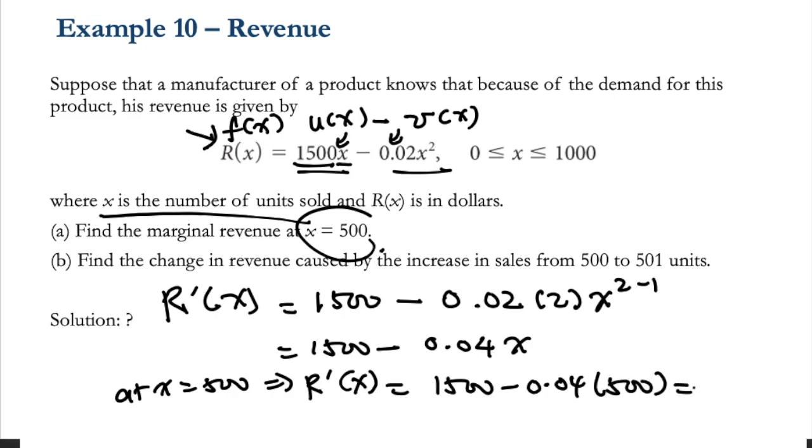Then you solve it, you're going to get positive 1480. Positive 1480 is your marginal revenue. But how do you interpret it?